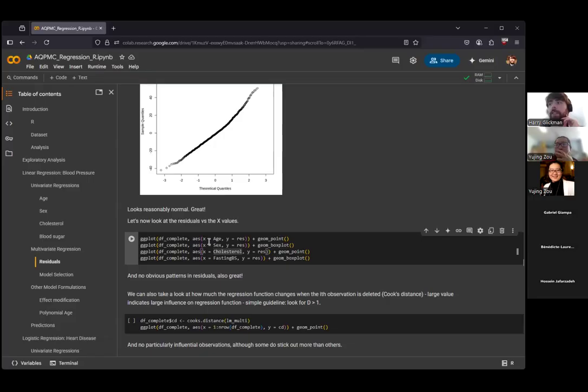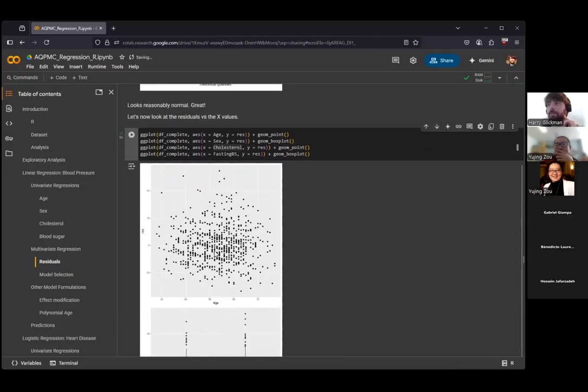We can also look at the residuals versus each of the predictor parameters, so just plotting them against each other. And what we want to see here is that there was a couple of our assumptions from yesterday, which one was that the variance is constant across the range of your predictor parameter, so that you don't see some weird, like it's small error at low ages and high error at high ages.